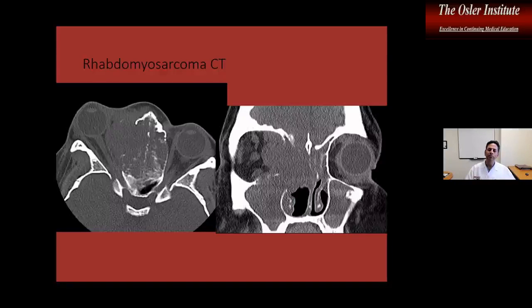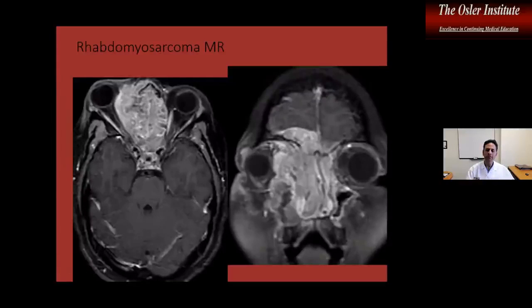And then there's another one called botryoid, or more grape-like, where it can come from the sinus and then extend into the orbit too. But this looks very aggressive. Here you can see on MRI, it's enhancing.